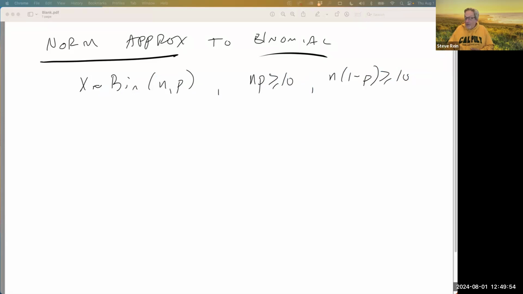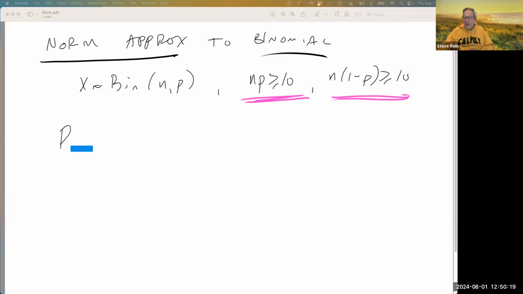I've seen other books where they say you need it at least 5. The larger n times p and n times 1 minus p are, the better the normal approximation to the binomial actually is. So let's talk about that normal approximation.